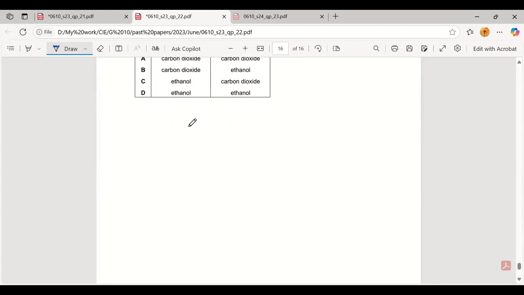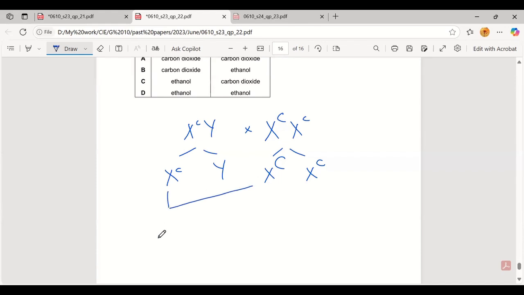Let's say X small c Y, and the mother will be heterozygous, because the male or the boy inherits the X chromosome from the mother and the Y chromosome from the father. So this and this will give a carrier female. This and this is a colorblind female.